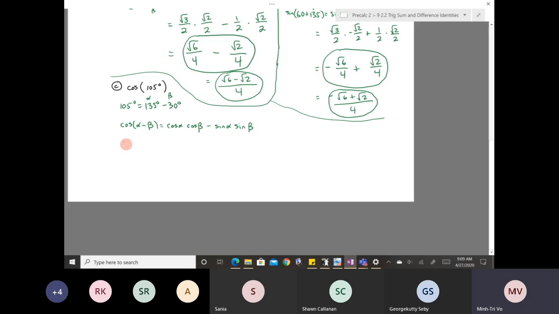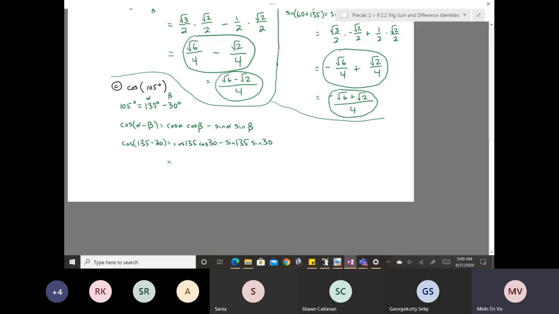So let's just write it out. 135 minus 30 is cosine 135 cosine 30 minus sine 135 sine 30.